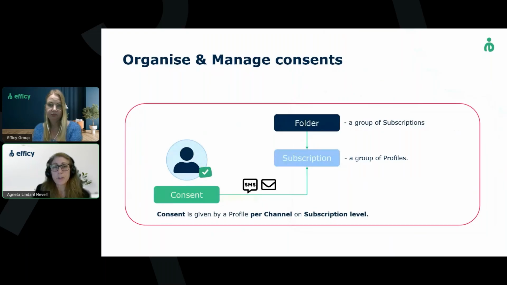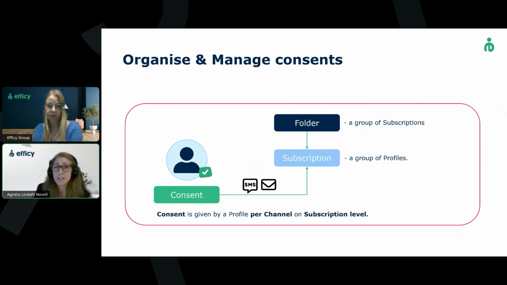So to manage your consents, you need a structure to do so. And you can say that the structure in Apsis One has two main components, folders and subscriptions. Very simplified, we can say that a subscription is a grouping of profiles connected to specific consent, like newsletters. A folder is a container for your subscriptions, so you can organize your consents.